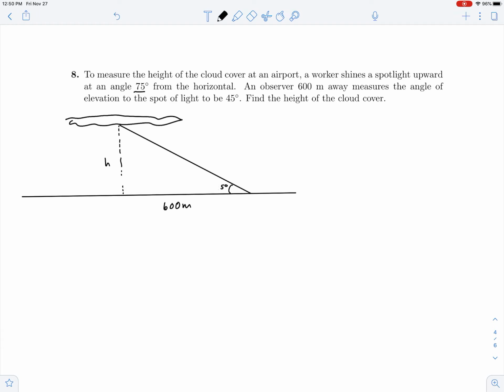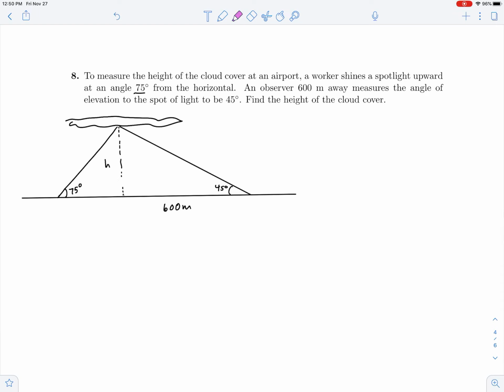Sorry about that, just because it looks more like a 45 degree angle. And then the 75 degree is a bigger angle, so I'll put that one over here. So we have an observer on either side. Find the height of the cloud cover. Okay, so you guys can do this on your own. The 600 meters is from here to here. I'll help get you set up a little bit.